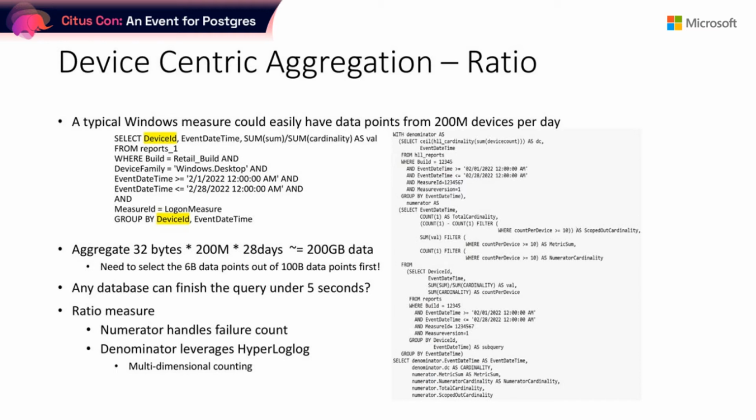However, if we do some mental math, we find that doing an average calculation over, let's say, 200 million devices over a 28-day period would actually require over 200 gigabytes of data. Not only that, this query needs to be executed in interactive time.